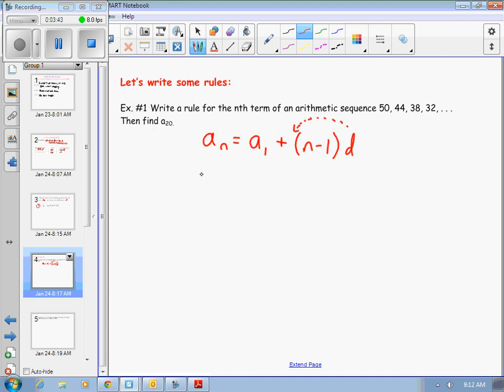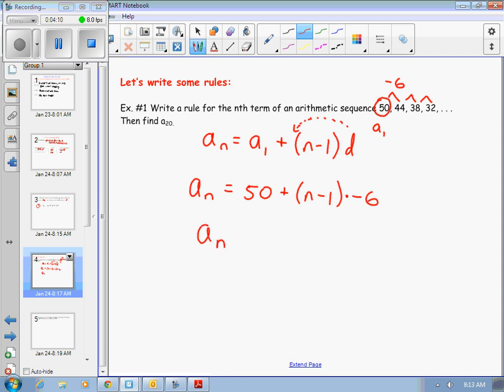So to write a rule, a sub n, we need to know the first term. The first term is whatever they provide you with in the problem. So that's a1, 50, plus n is your variable, so you're not going to know it. And the minus 1 is part of the formula, so it's got to be included. D is what you need to find, which pretty clearly in this problem we're going down by 6 each time, so that's going to be times -6.